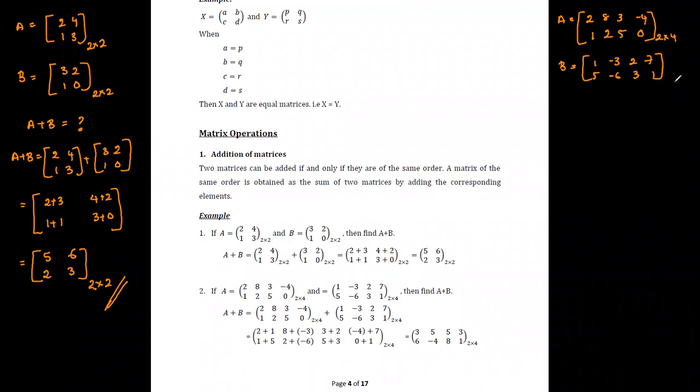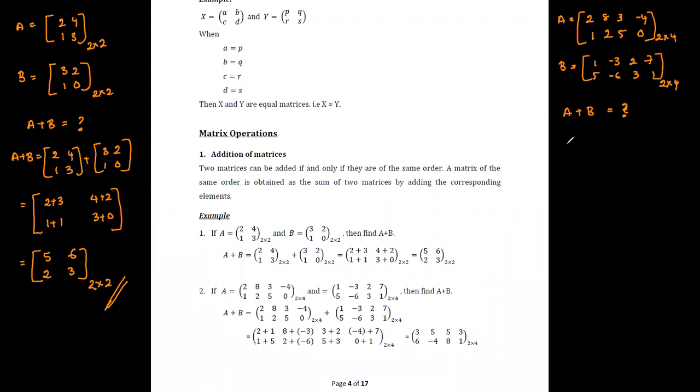Here also we can see a 2 by 4 matrix. If we are performing this matrix addition, then these are conformable for matrix addition, because the order of matrix A and the order of matrix B are equal.